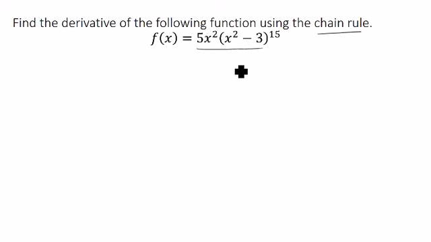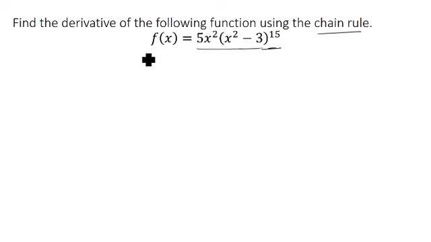So only the chain rule is not going to be sufficient here. You could probably find the derivative of the following function without even mentioning the chain rule. So be careful with that.